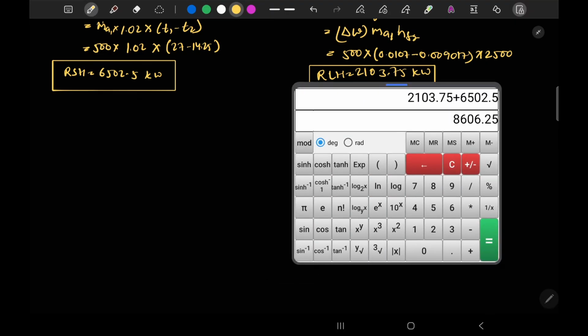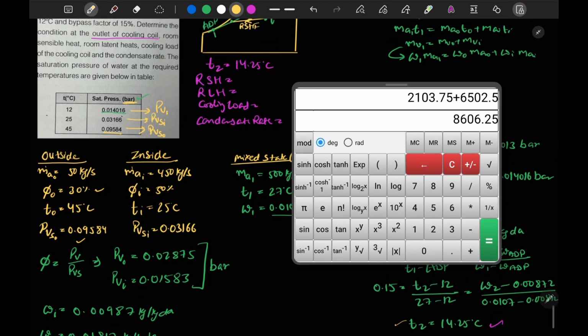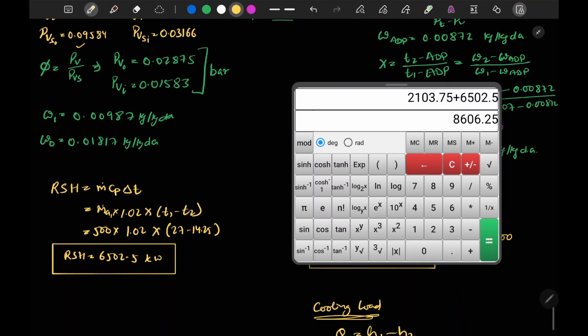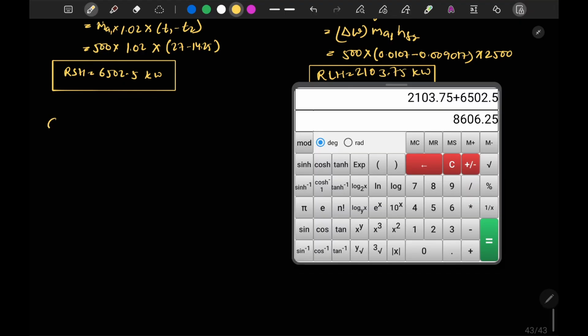Now the last part asked is the condensate rate. We have calculated RSH, LSH, and cooling load. Now the condensate rate. The condensate rate will be given by the mass of water vapor entering minus the mass of water vapor exiting, and the remaining will be the condensation.